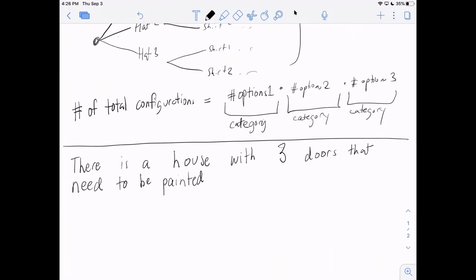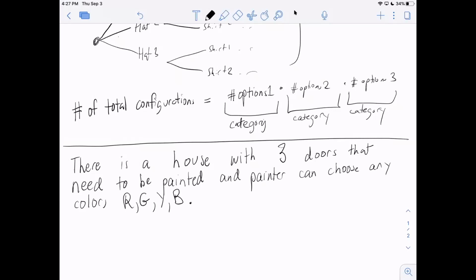Each door is going to be painted with a solid color, any 4 colors from, let's say, red, green, yellow, blue.